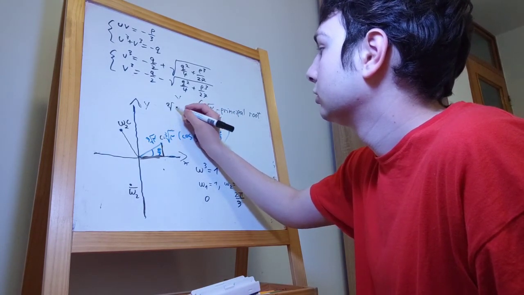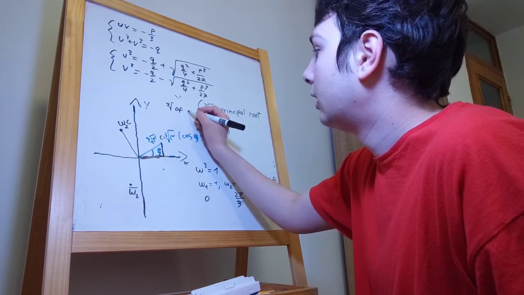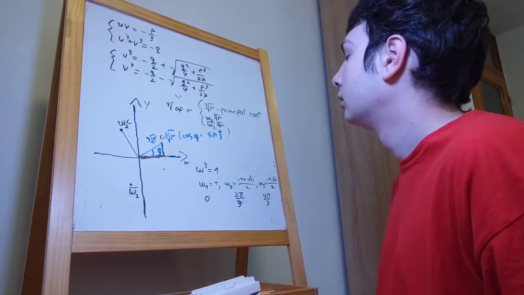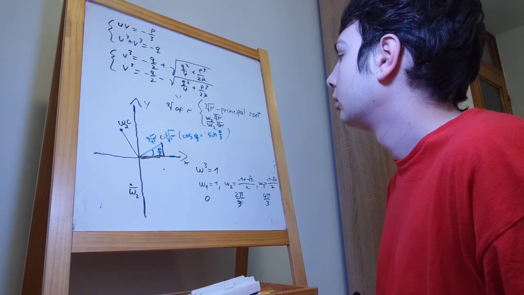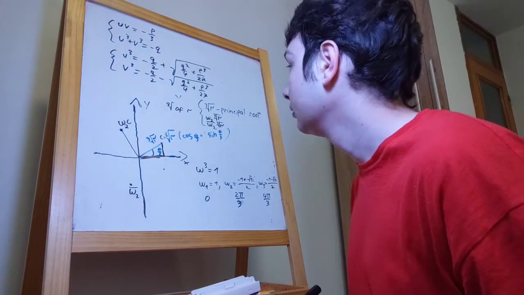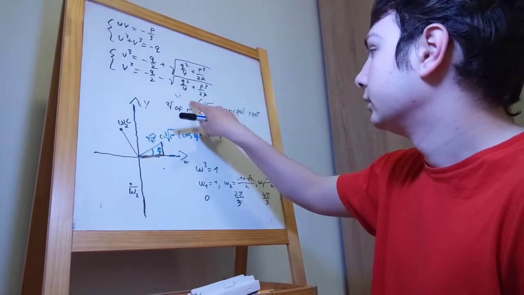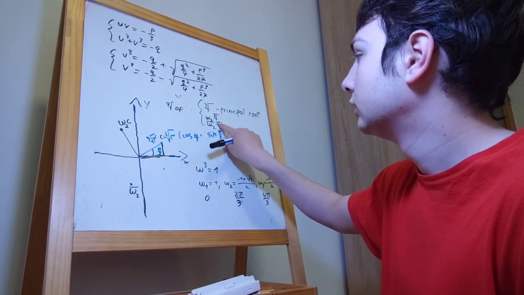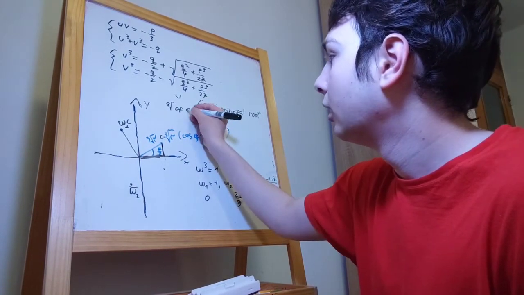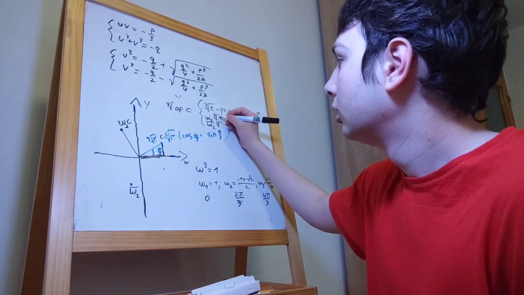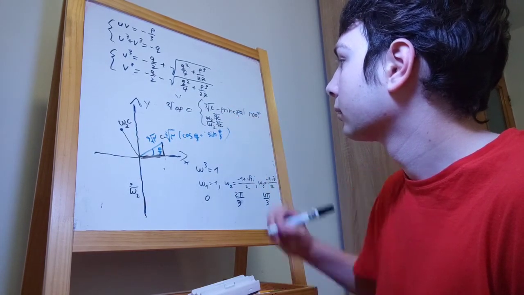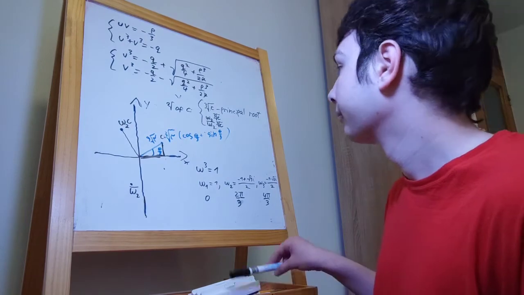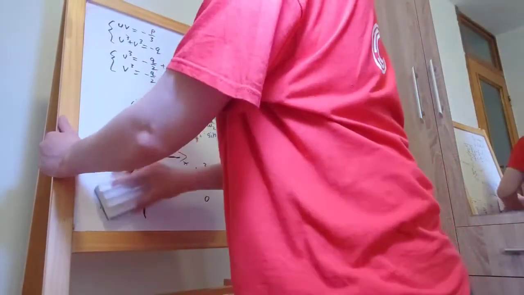Why did I write it like that? Sorry, that's actually c. So these are the cube roots of c. All right. Let's move on.